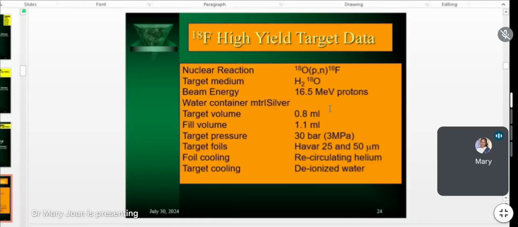So the nuclear reaction involving oxygen, proton, neutron gives F18, the target medium is heavy water, and the beam energy is 16.5 MeV protons.